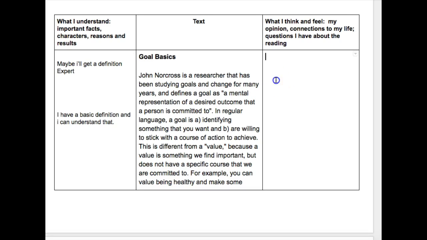Okay, so over here I'm thinking I have set goals before. Sometimes I stick to them, I keep going, and sometimes I give up. Maybe I'll learn about this, and better ways to stick to goals.